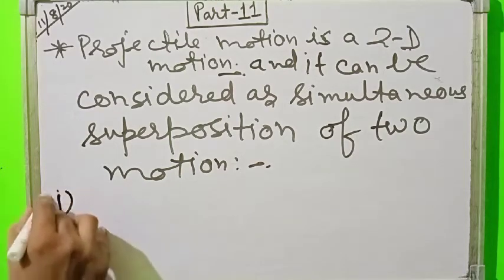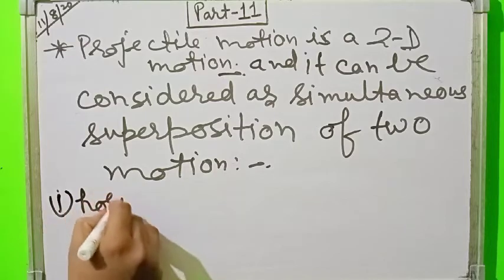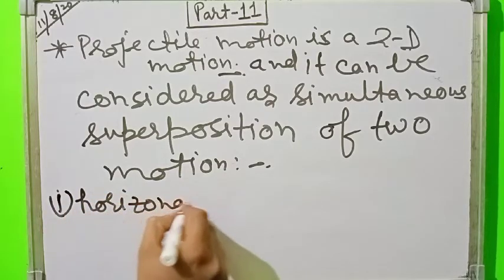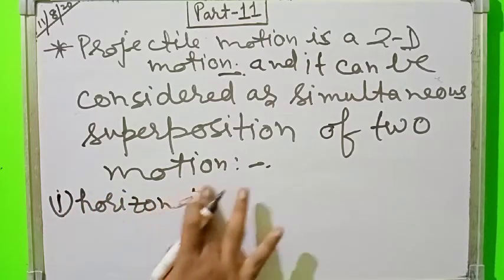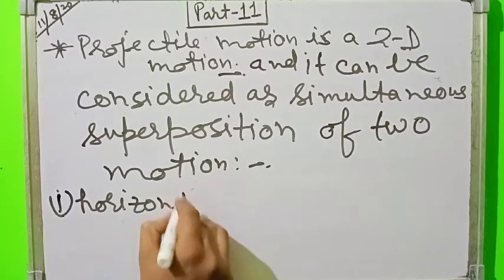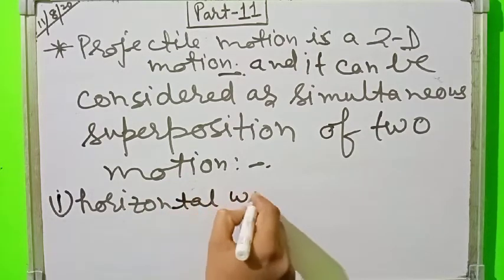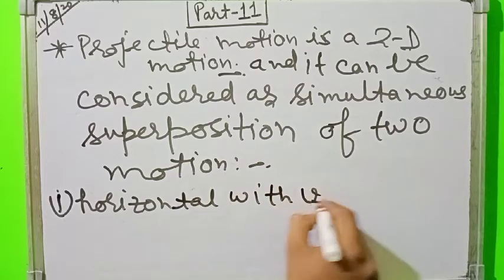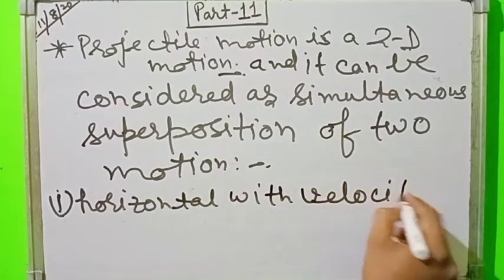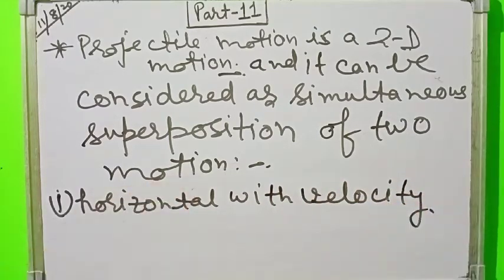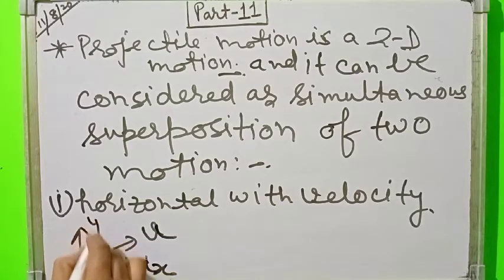First one is horizontal with velocity. That is the component of velocity which we had discussed. If u is the velocity we are throwing with, then there are two components, ux and uy.